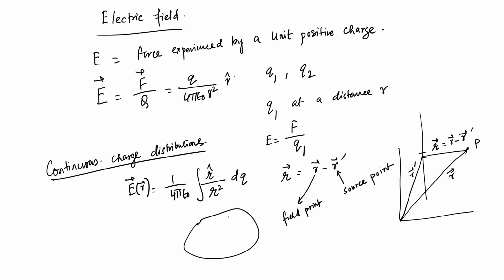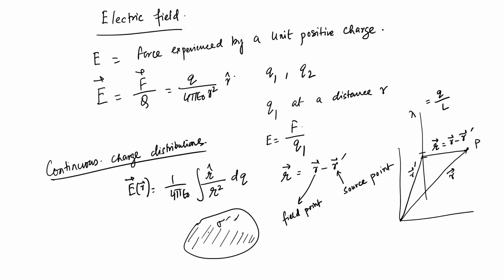So, everywhere there is a surface charge density. Usually a line charge density is denoted by lambda, which is equal to the total charge divided by the total length of the element where the charge is distributed. And the surface charge is denoted by sigma.